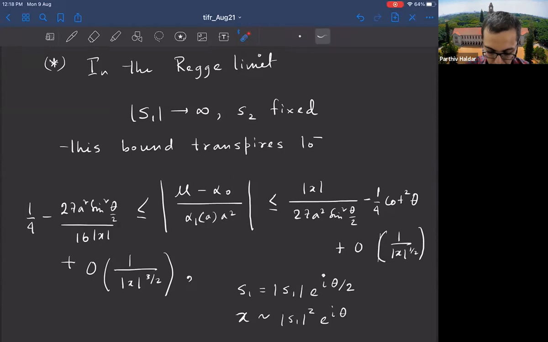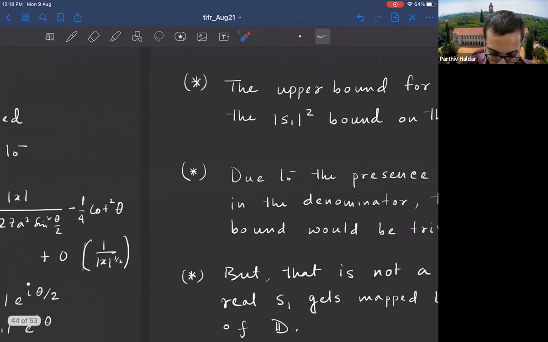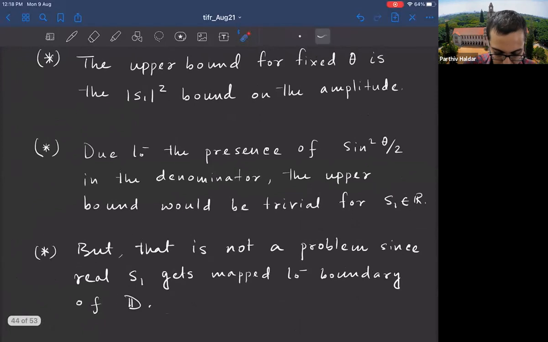So essentially, you have to avoid theta equal to 0 and theta equal to 2 pi. So the presence of sine square theta by 2 in the denominator makes the upper bound trivial for real S1. But that's not a problem, because real S1 really gets mapped to the boundary of the disk, that is the unit circle, and there, of course, the theorems are not valid.